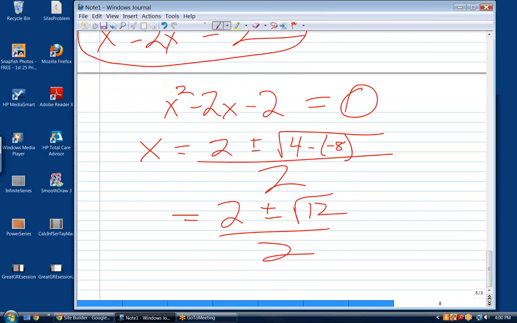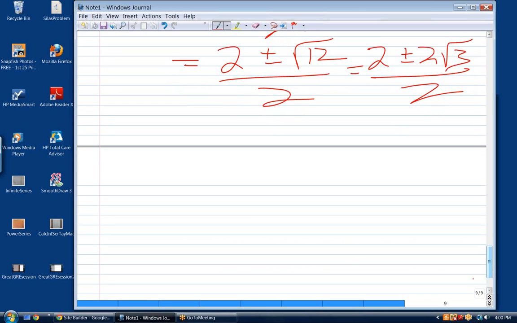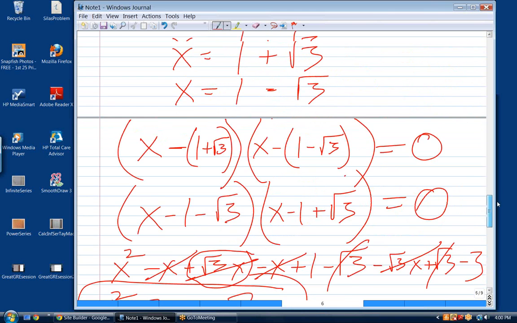Simplify root 12. You get 2 root 3. And simplify that whole thing. 1 plus or minus root 3. And that's where we started from.